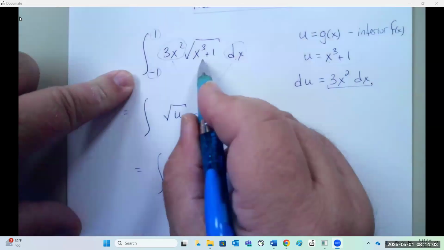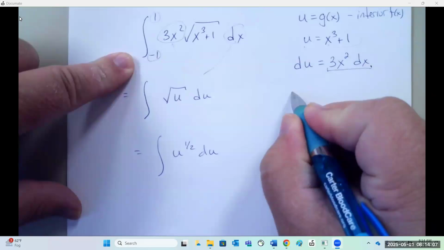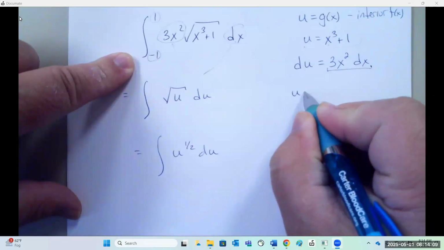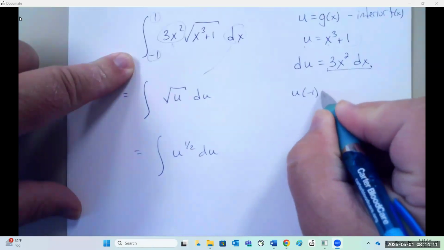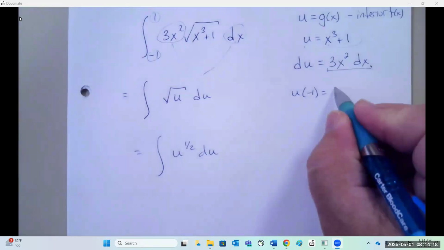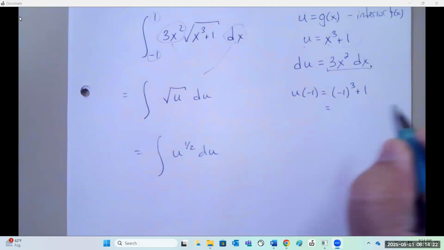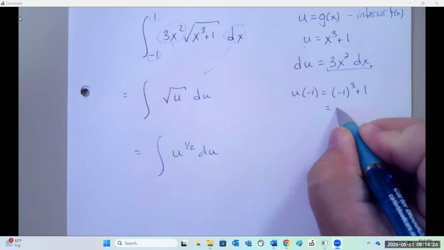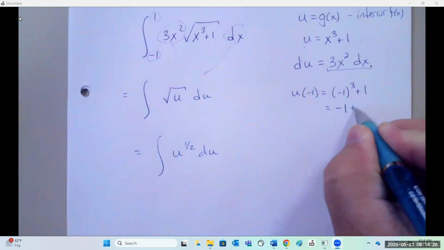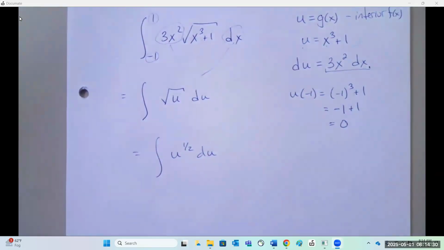So since I changed x to u, what is u at -1? When x equals -1, we got -1 cubed is -1, plus 1 equals 0.